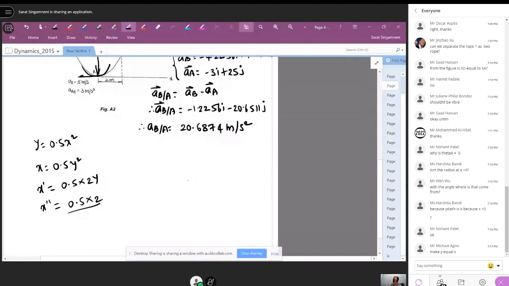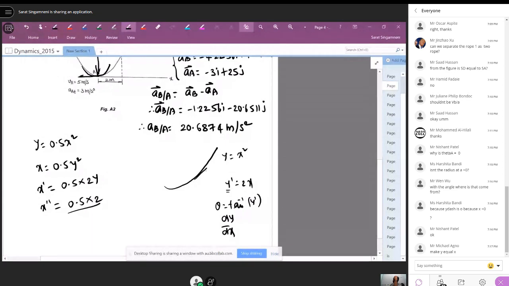For example, if a curve is like this, and if it is y equal to some x squared, then y dash is equal to 2x, then tan inverse y dash. What is y dash? Dy over dx.